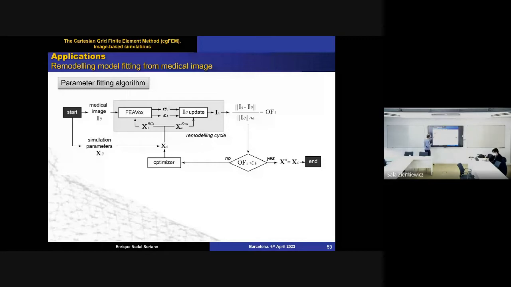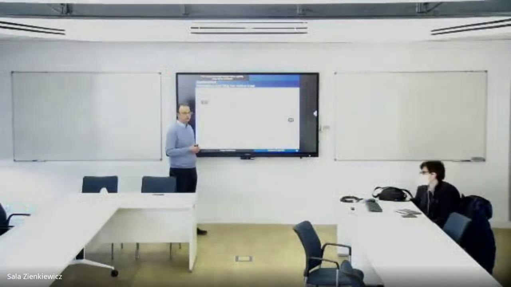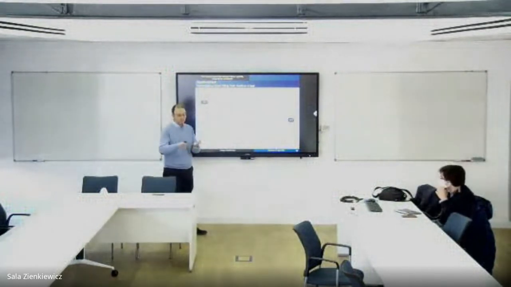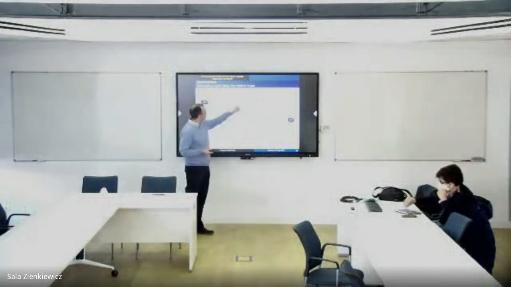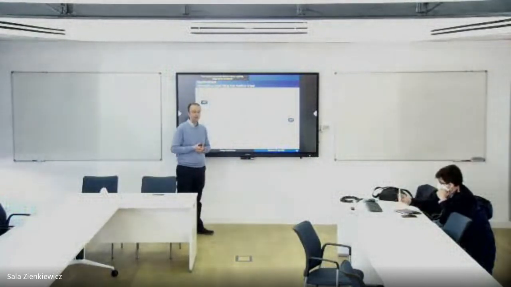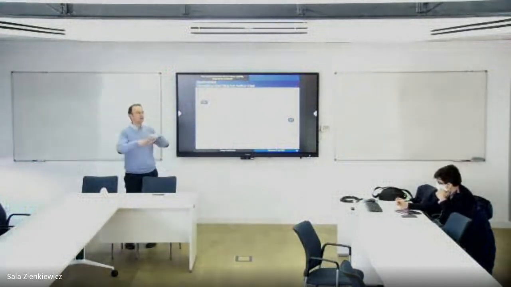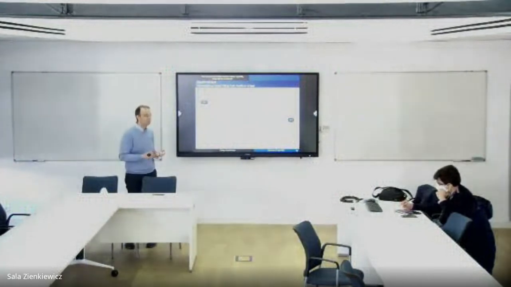Well, we have one remodeling step, which is the finite element solution with some parameters, which could be loads or could be remodeling parameters. And with that, we update the image. Normally, when there is no fluctuation, when I want to put an implant, the bone is more or less stable.